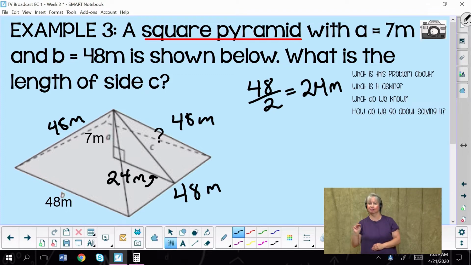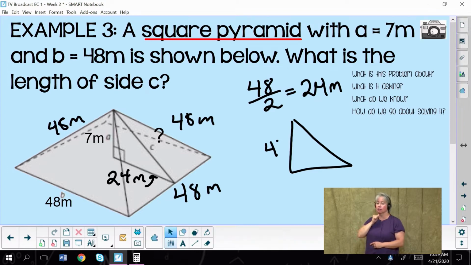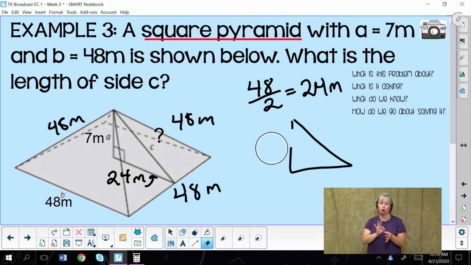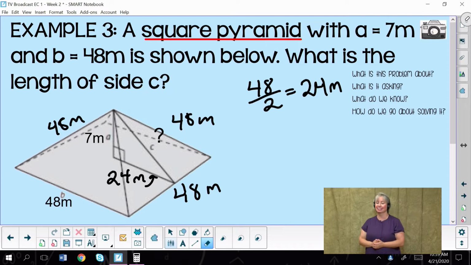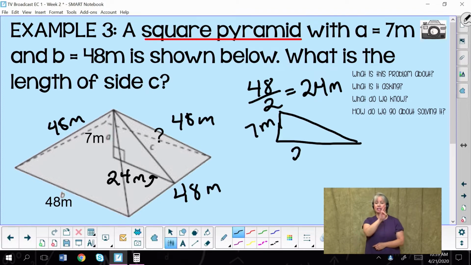Okay? So now what can we use? We have 7, and it's not drawn to scale, so let me draw it a little bit better for your eye. Okay, 7 meters here. We know that this is 24, and we're looking for this. It's asking for side C.